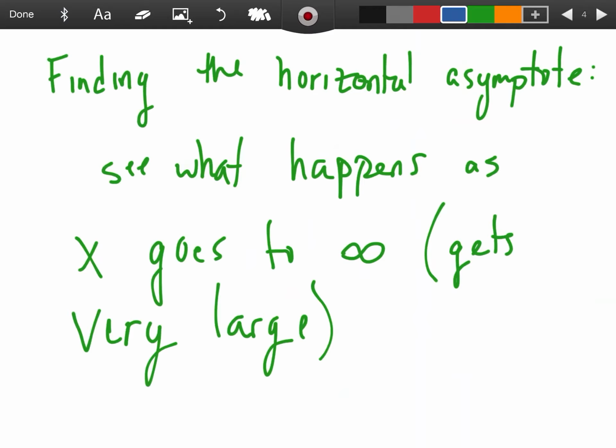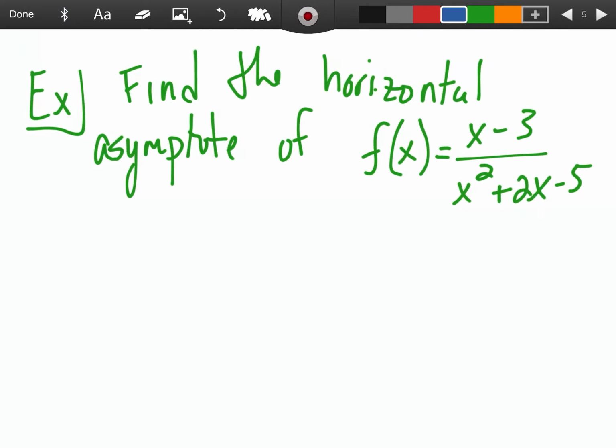What we need to do is see what happens as x gets very large. What happens as x goes to positive infinity? Am I approaching some value, or is my function just going to continue to grow? So you can think of it as we're just plugging in a very large number to x, and we're going to see what we get out of that.